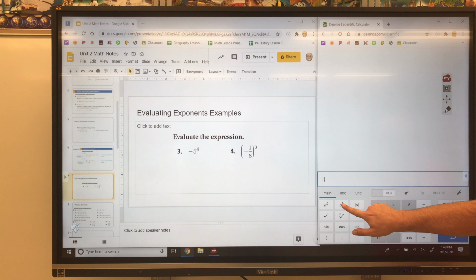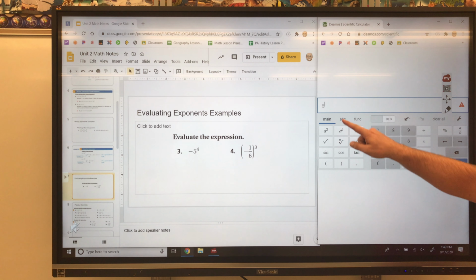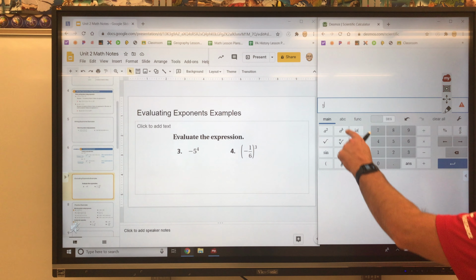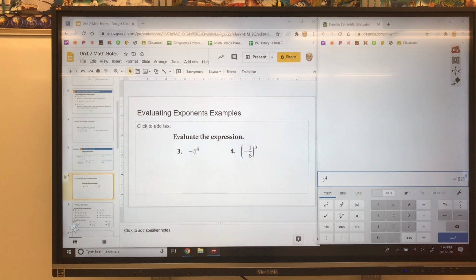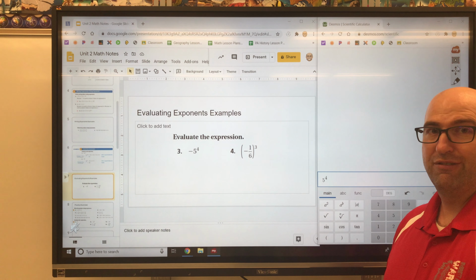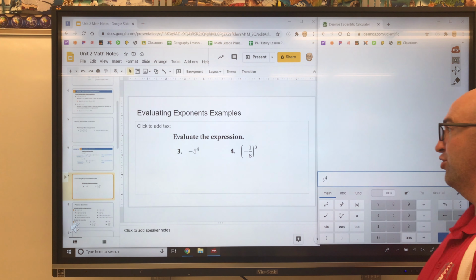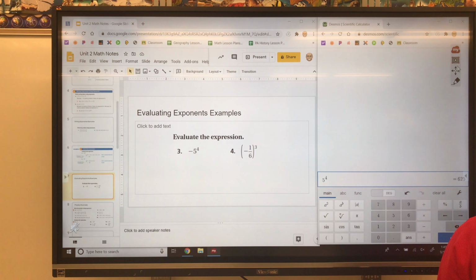Once I have my base in, I can push a to the b, and it gives me a place to put an exponent. And my exponent is 4. I'll move this away. And that gives me my answer of 625.